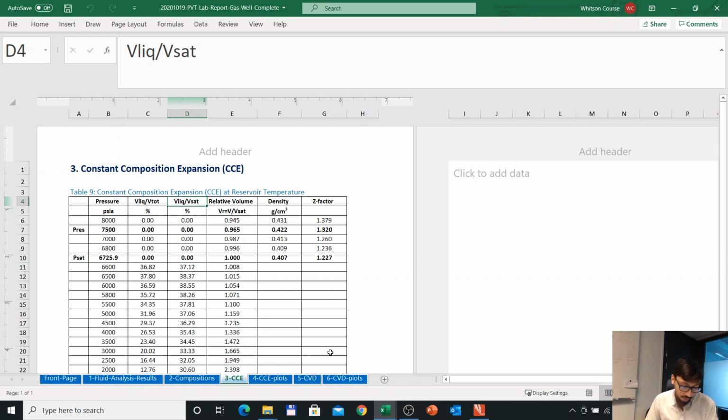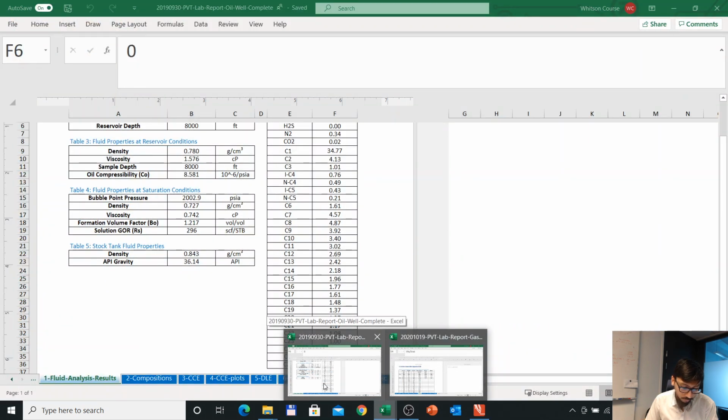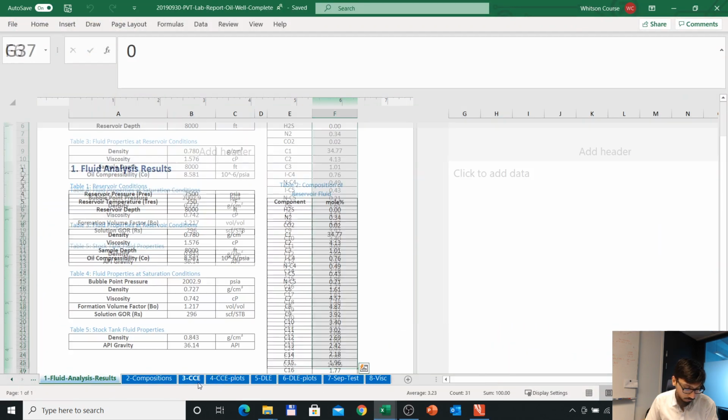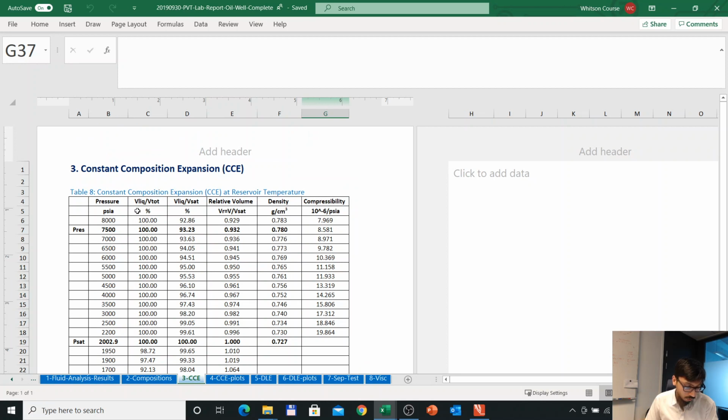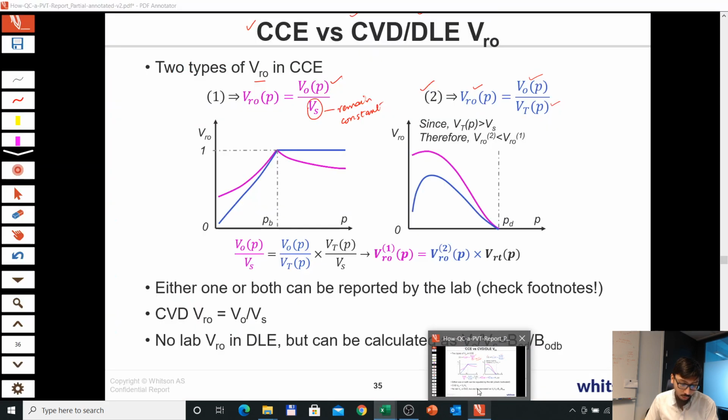Similarly, in the oil PVT report, we again have V liquid over V total and V oil over V saturated volume.